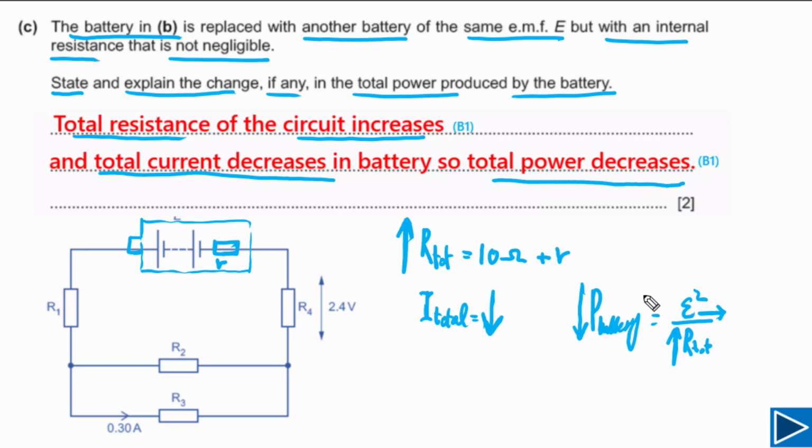Simply we can say the battery will provide less energy per second to the circuit. Total power produced by the battery will decrease because some of the electrical energy produced by the battery will be converted into thermal energy inside the battery due to its internal resistance. So that's the reason total power decreases.